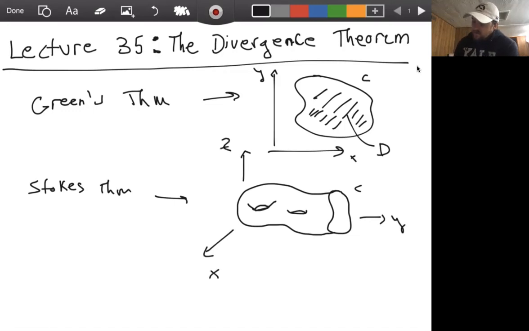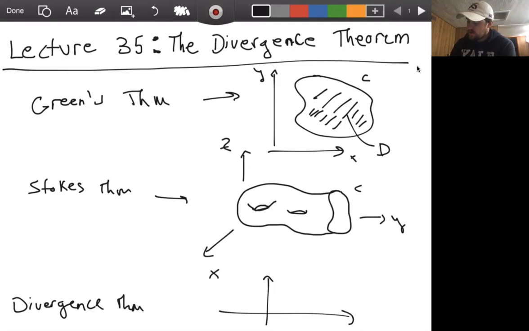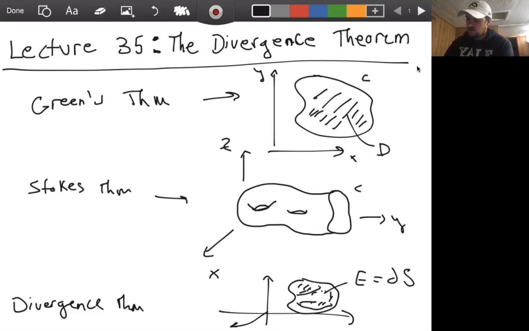And now the divergence theorem will still be in 3D space, but now the boundary is going to be a surface. And so we have some solid here, including the inside, we'll call this region E, and the surface is the boundary of this solid, right?